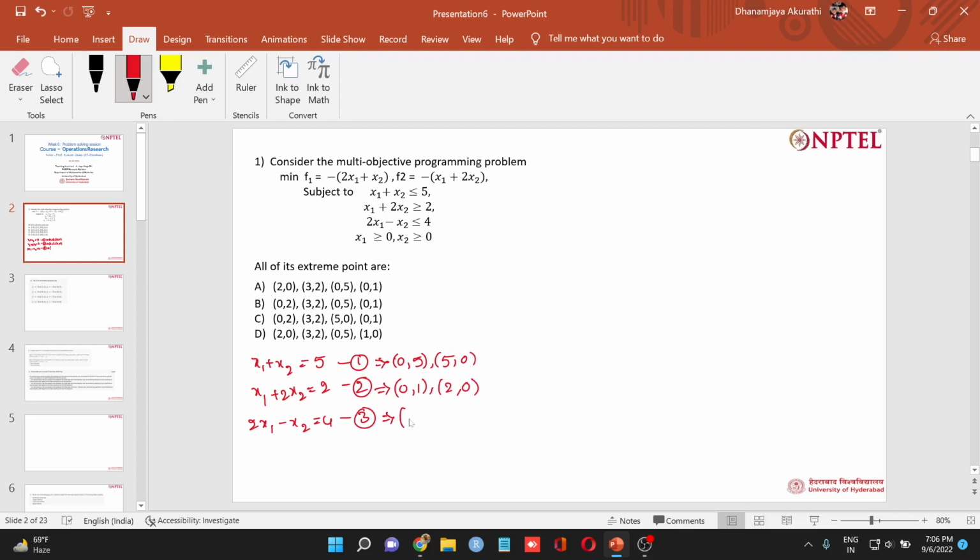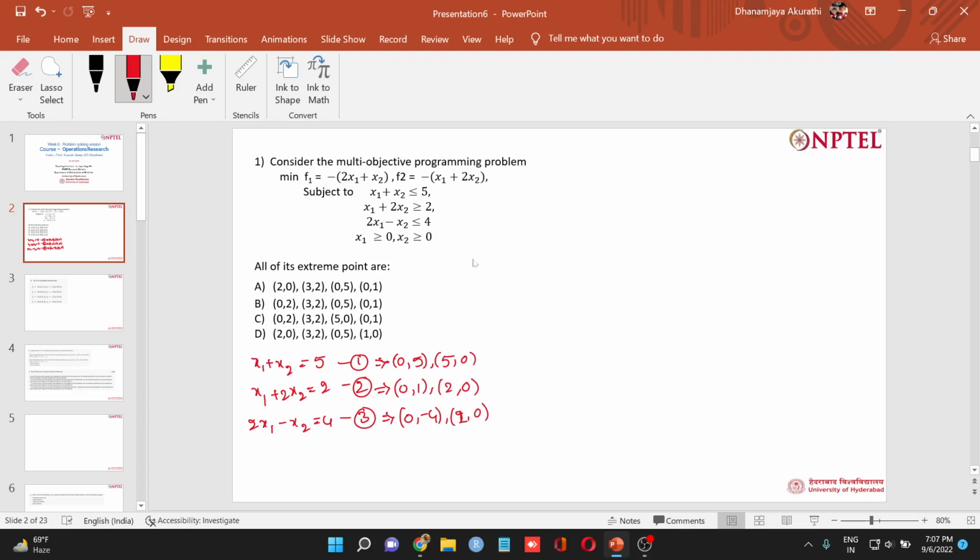Similarly, for the third equation, x1 is 0, x2 is minus 4, and x2 is 0, x1 is 2. These points we can get from the given inequalities.